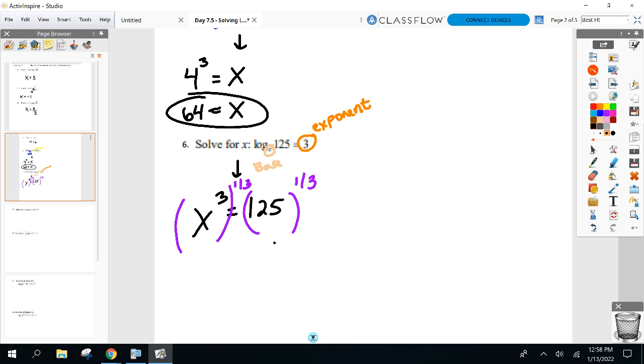I just wanted to go with what I've been showing you. So we get x equal to the cube root of 125 or 125 to the 1/3, both 5. Store it in for x and then type in the original problem and see if we get equal to 3.